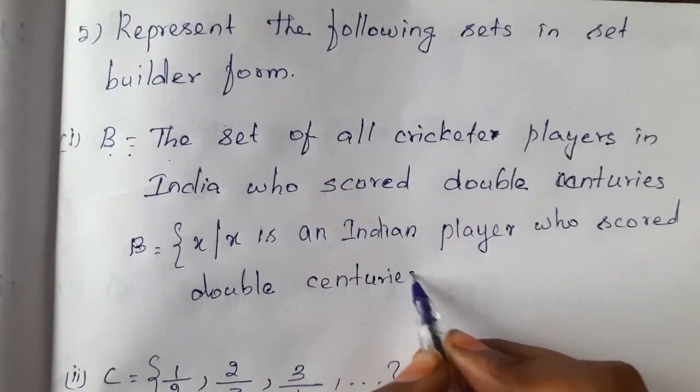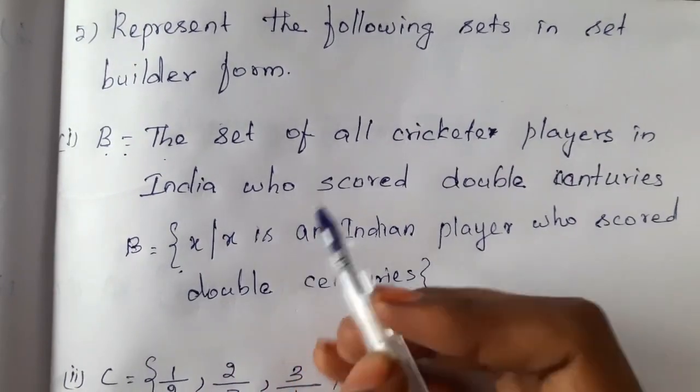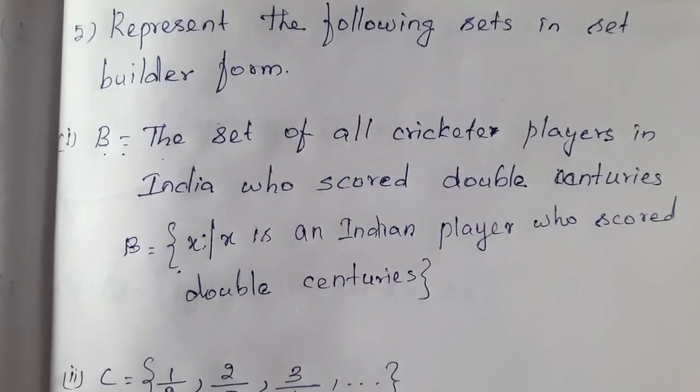That's all. Clear now? You have to use set of all x, then x such that. You can use the slash, otherwise you can use these 2 dots. Next one.